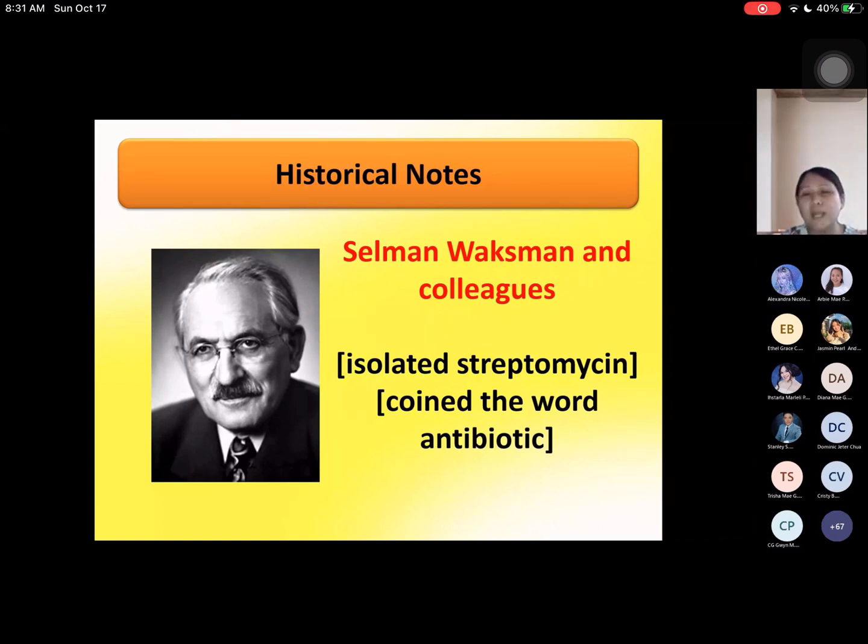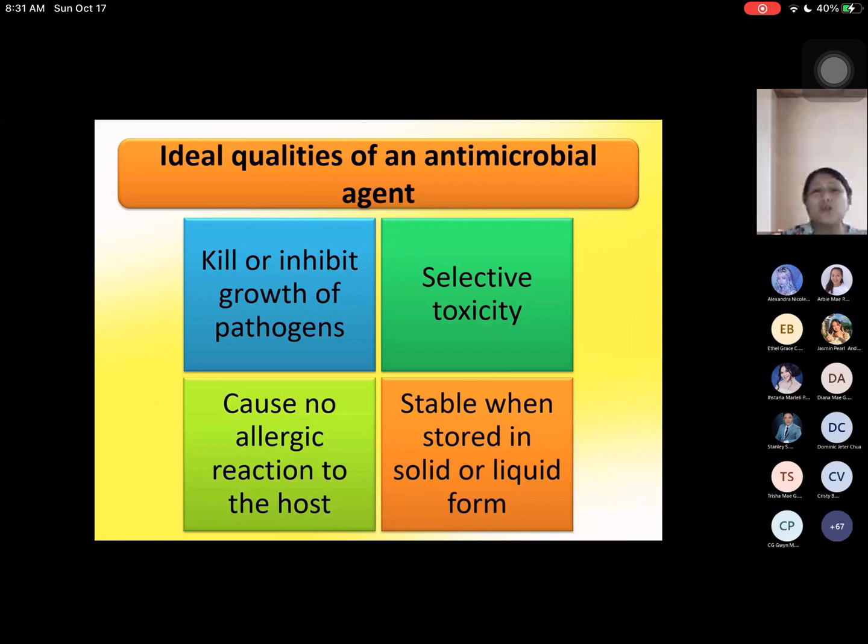So for the ideal qualities of an antimicrobial agent, we have the following. It kills or inhibits the growth of pathogens. So when you say they kill or inhibit growth of pathogens, they need to be effective enough to destroy invaders, or the pathogens. If not, they are not effective.